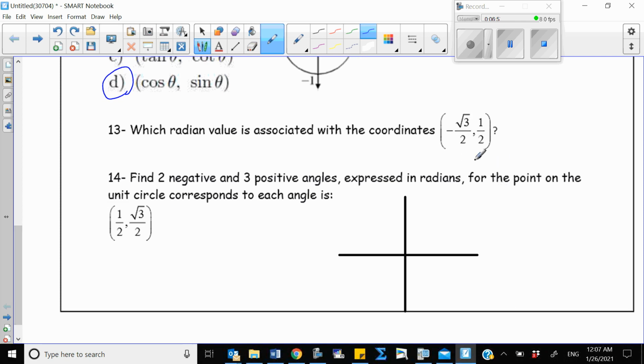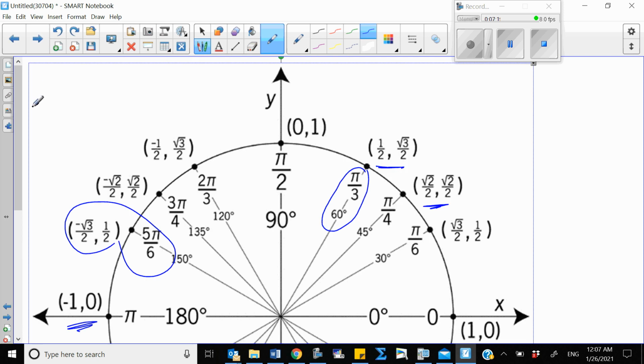Okay, for this one also, you just need to go back to the unit circle and find the angle which is associated with this one. Next is asking find 2 negative and 3 positive angles expressed in radian for the point on the unit circle that corresponds to each angle. It's this one. So we need to look for this point on the unit circle, 1/2 and radical 3/2.